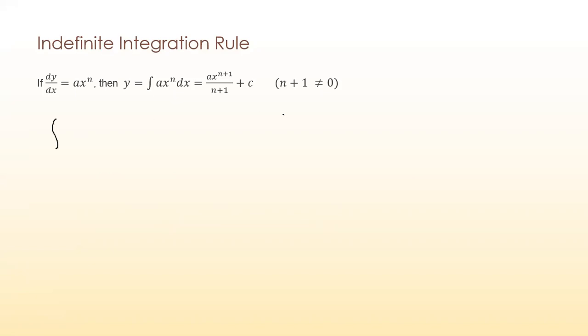If a definite integration has a lower limit, for example, a, and an upper limit, b, yeah, this is the definite integration. So integration with lower limit a and upper limit b of f(x) dx.